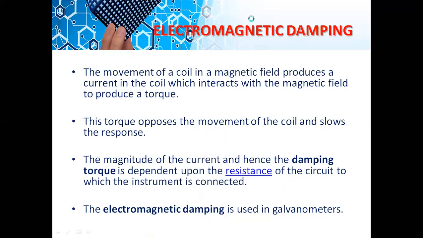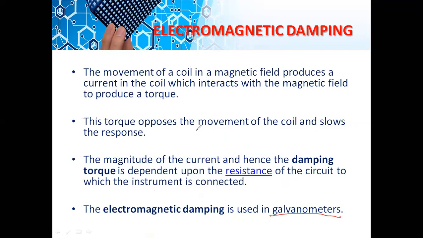Now we'll look at electromagnetic damping. It is the same as eddy current damping, but it is very particular when we discuss galvanometers. So here what happens is the movement of the coil in the magnetic field produces current in the coil, which interacts with the magnetic field to produce torque.